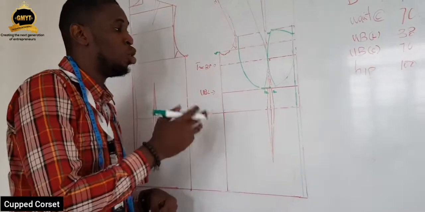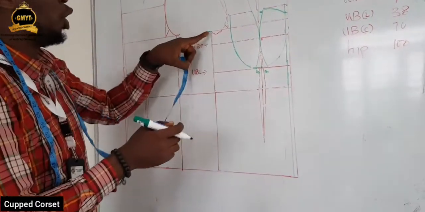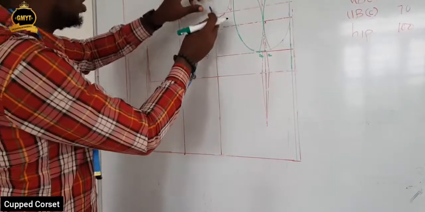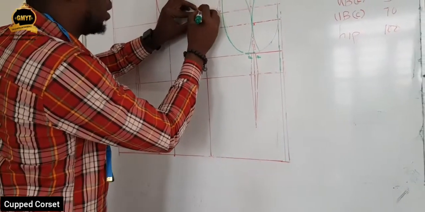If you're making a tube corset, you have to raise up the UP. This is the UP. So automatically you're going up by 2 cm on this part.